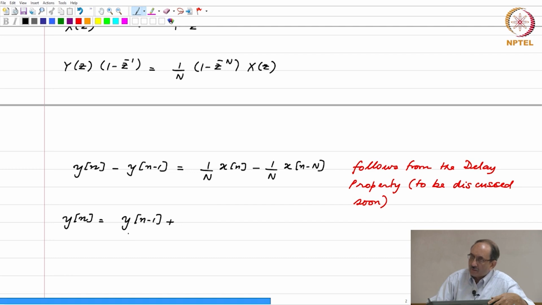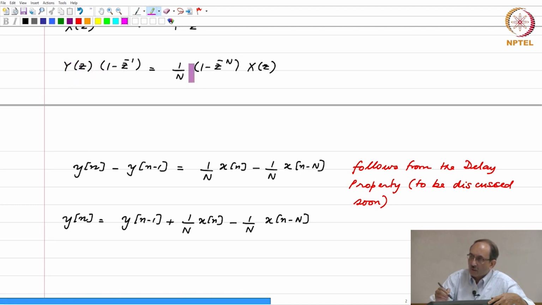We were expressing the N-point average as an update over the previous average: take the previous average, add in the newest sample, and then subtract out the oldest sample. This is indeed the recursive implementation of the non-recursive system, and this follows as the inverse Z transform of the expression given here.